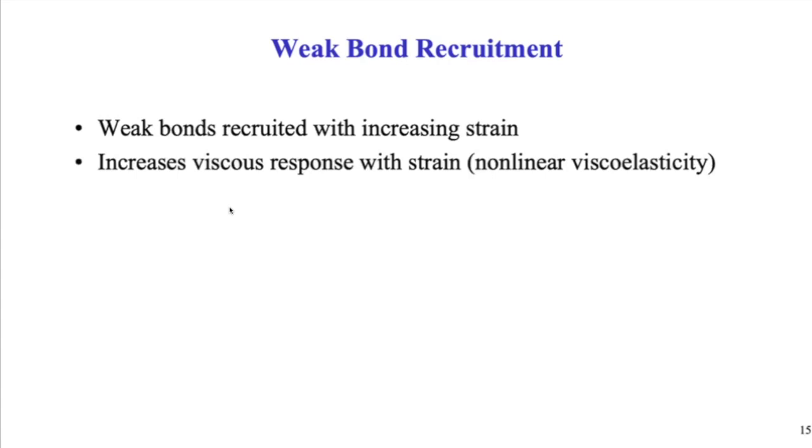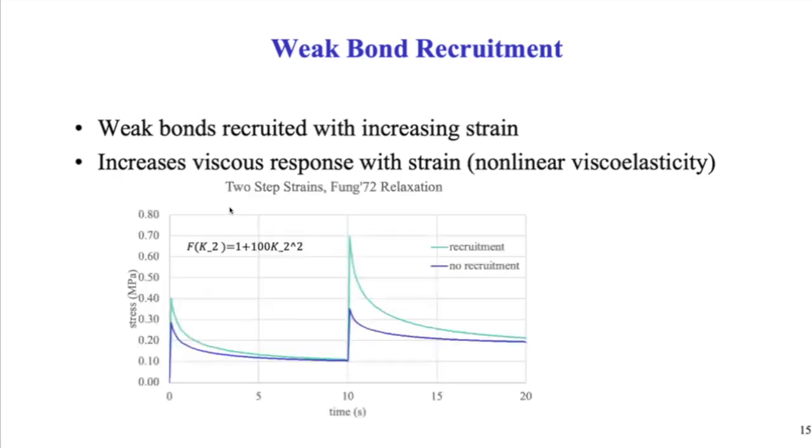So weak bonds. When you load the material, you might expose new locations where these hydrogen bonds can form. Kim had beautiful slides. I didn't copy them from her, but if you watch her presentation, you might remember. But in effect, it translates into this. If there's no weak bond recruitment, you get the response that you see with the blue curve.